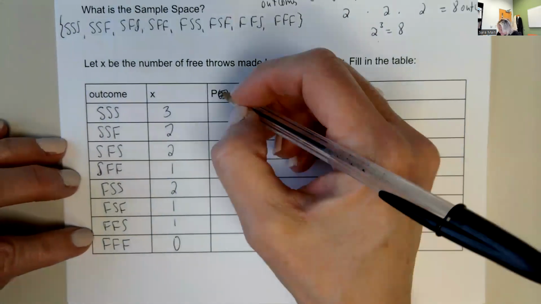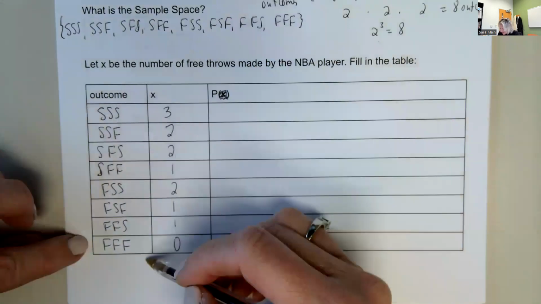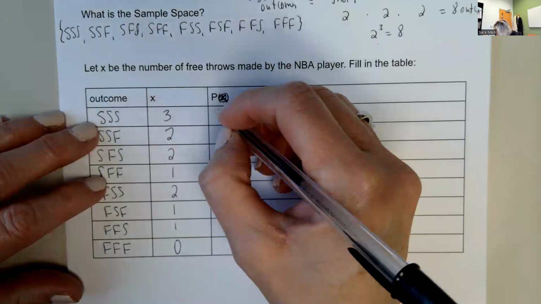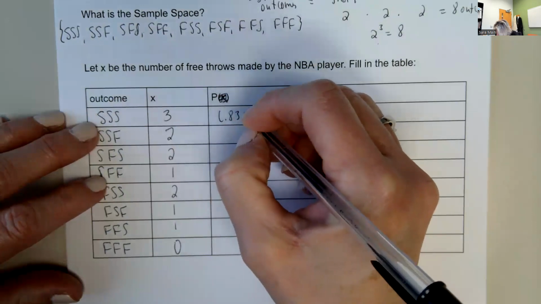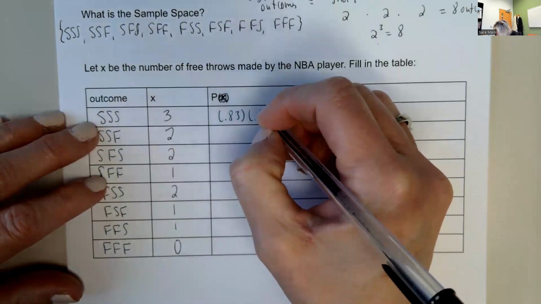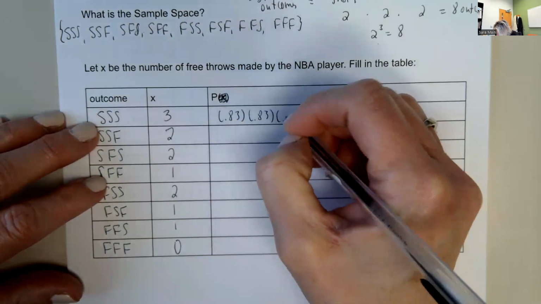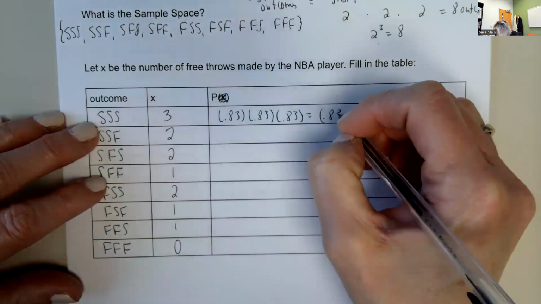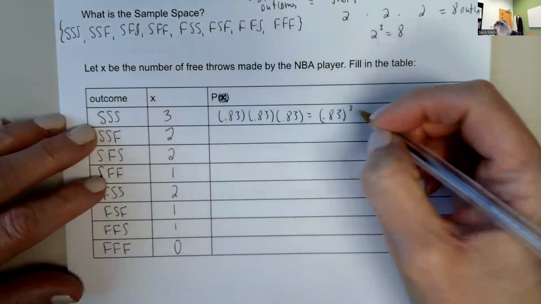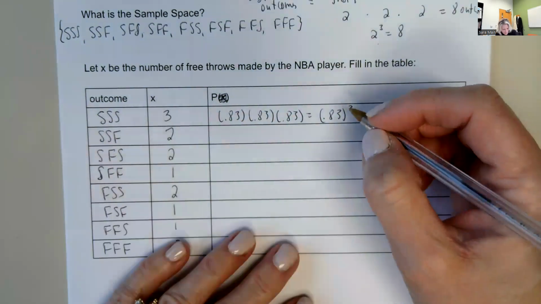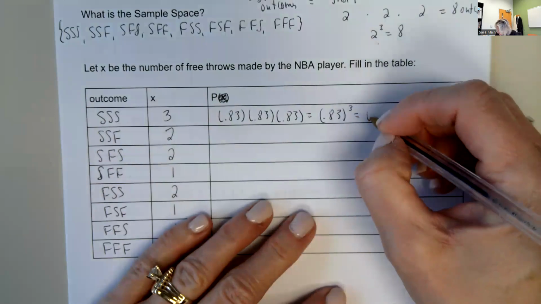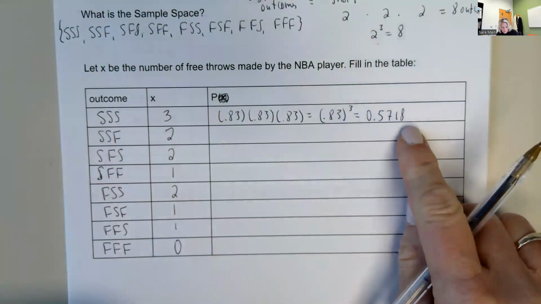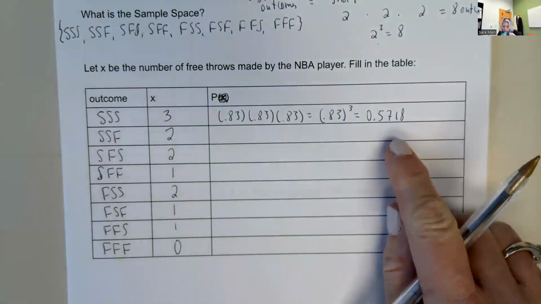Okay, so let's just look at the probability of each of the outcomes individually. So this one would be success, success, success. We can also write that as 0.83 to the 3rd power. And that comes out to be 0.5718 if you round to 4 decimal places.